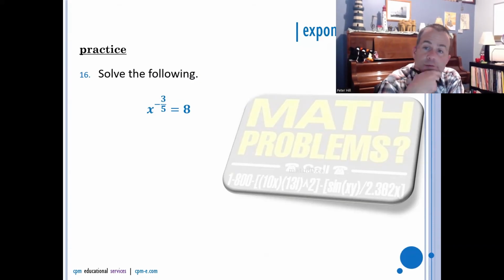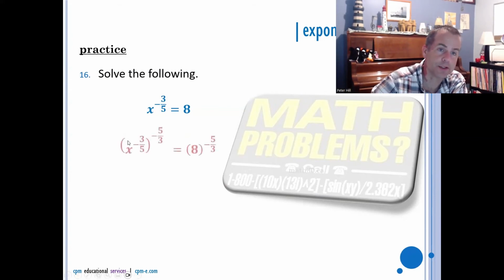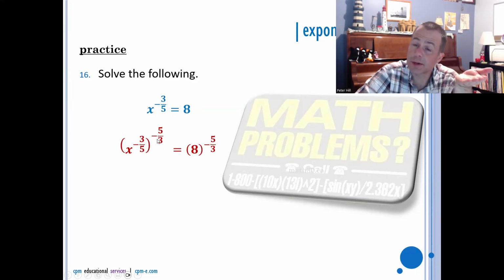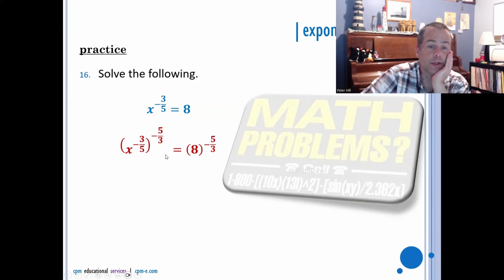The easiest way to get rid of a numerical exponent is to take it to the power of its reciprocal. The reciprocal of -3/5 is -5/3. So if I took both sides to the power of -5/3, this becomes a power of a power, right? When I multiply those exponents together, that's the exponent law, I just get x to the 1, which is just x.